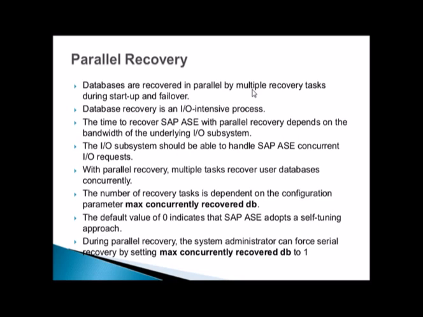Whether multiple recovery tasks will go parallelly, or only one recovery task will go on this particular database at any point of time, will be decided by this parameter, max concurrently recovered DB, right? So if we say 1, then only one recovery task will go on. But if we set it to 5 or 10, then multiple recovery tasks can go on at any point in time.